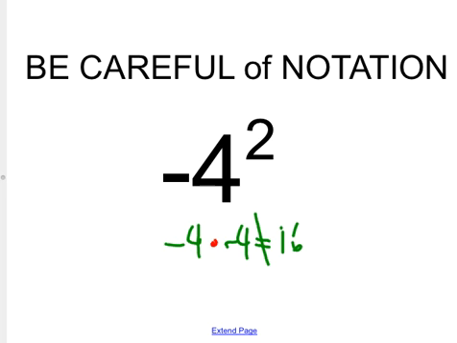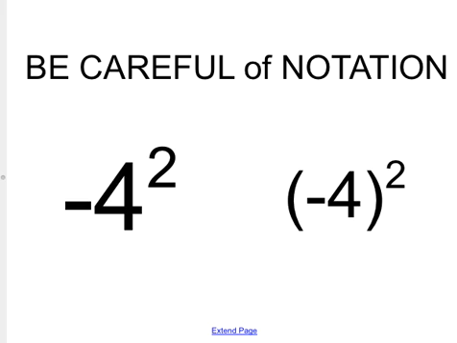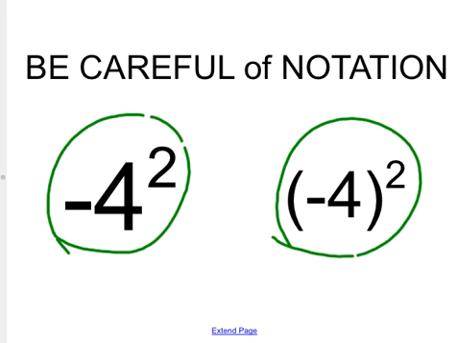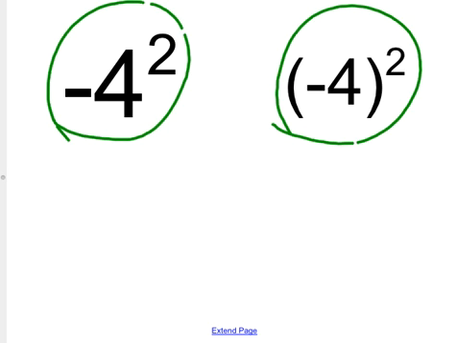So let's look. When I look at this question, you have to understand there are two different ways that I can represent these values. I have -4 squared, and then I have (-4) squared in parentheses. It's understood, and this is the weird thing, that this negative sign is actually multiplying times the 4.